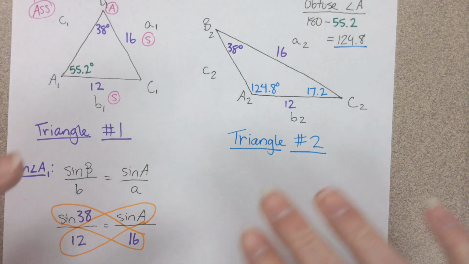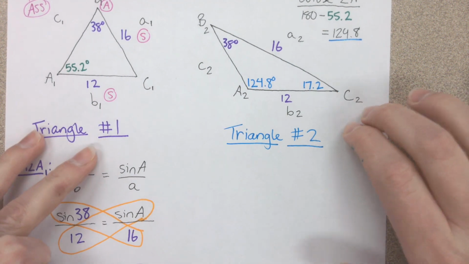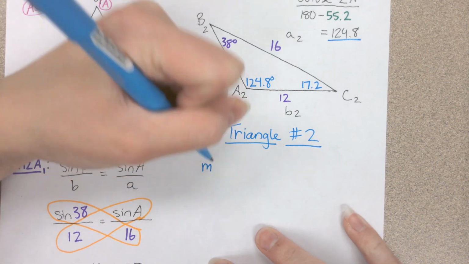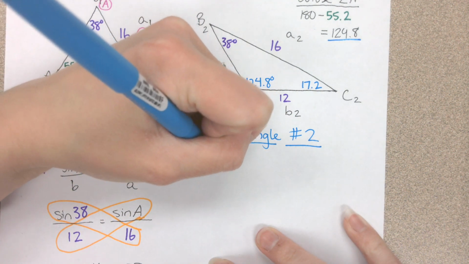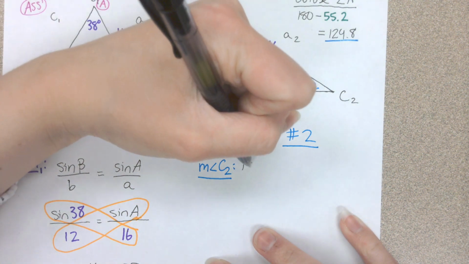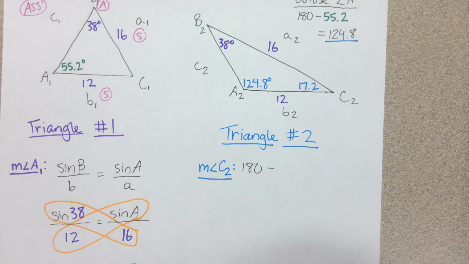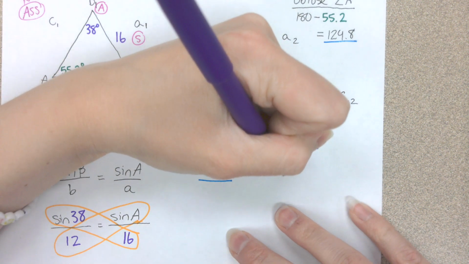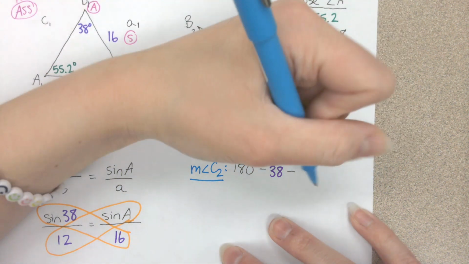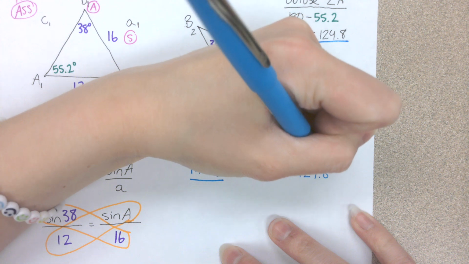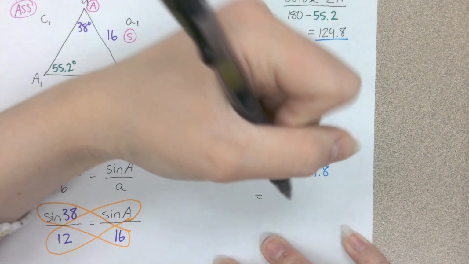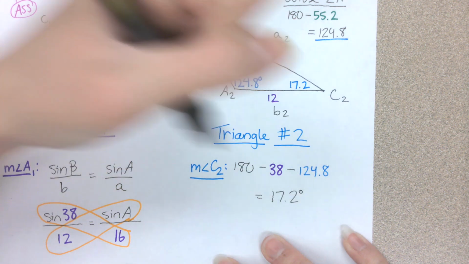Okay, triangle number 2. I'm going to finish solving this guy first, and I know I just showed you the work, but I always like to write it out just to be sure. I'm going to write out the work for C2 real quick. 180 minus 38 and 124.8, and we got 17.2 degrees.